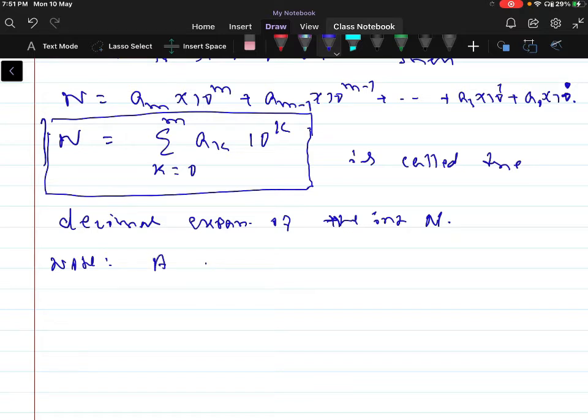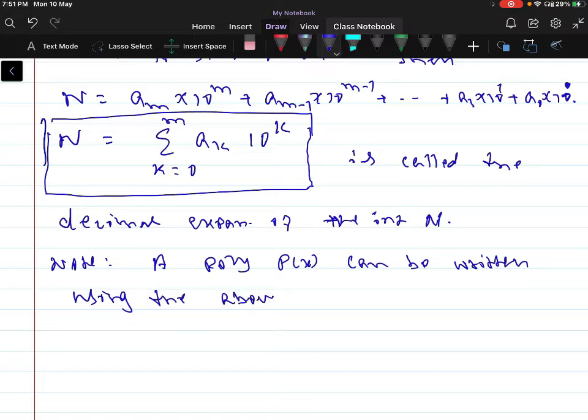A note: a polynomial p of x can be written using the above result, or the above sum, by replacing 10 by x.